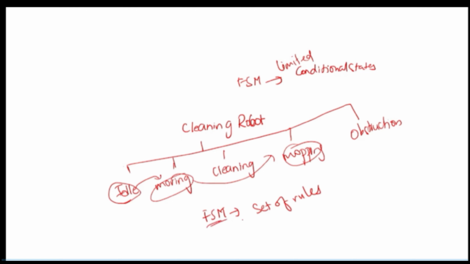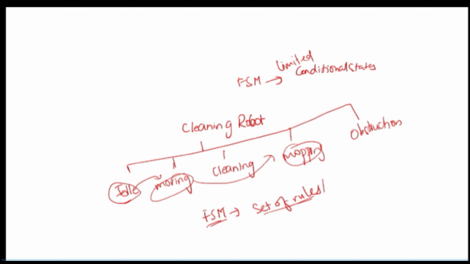Hope you are clear about this FSM. Just like I said, it is just a set of rules or conditions which makes the design that you are designing work. So in Verilog, FSMs are widely used to create and control systems. In order to control any system or model any system with certain limited conditions, we use FSMs.